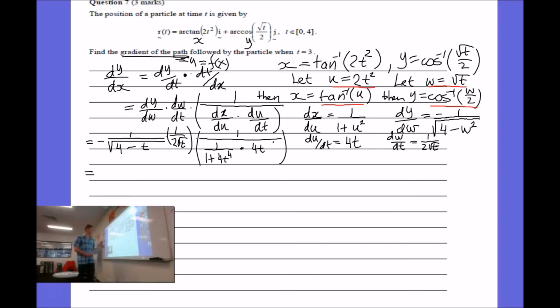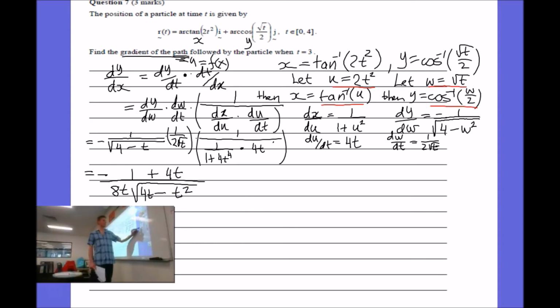Okay, so we start tidying it up, and what will that go towards? Well, we'll get a minus 1 plus 4t all on, we'll have an 8t square root, and this part here, 4t minus t squared.